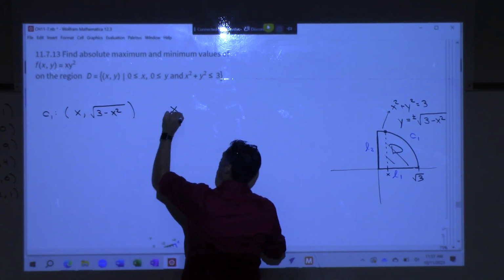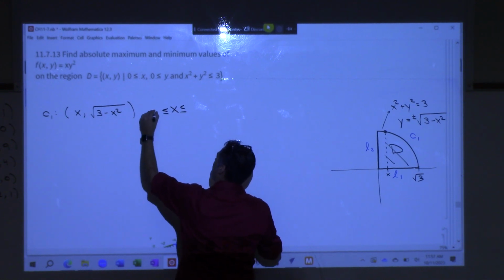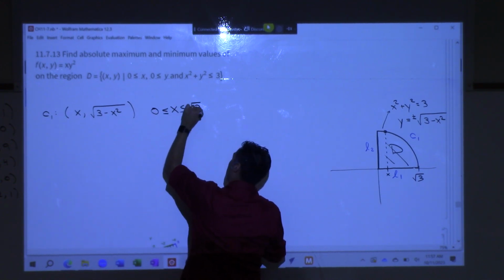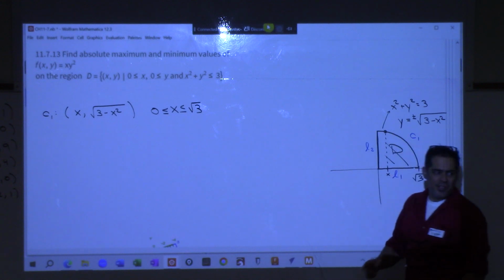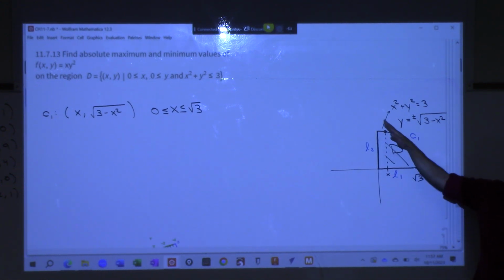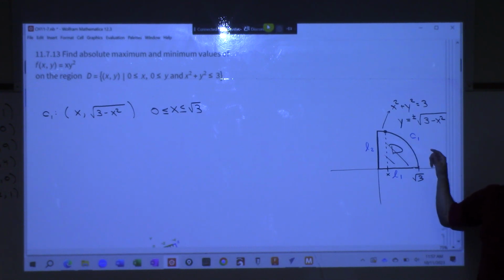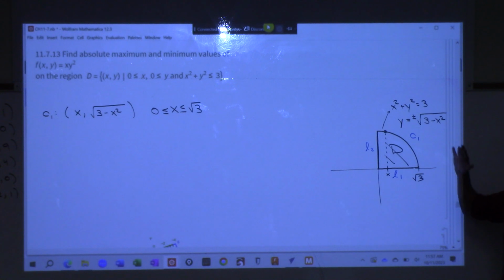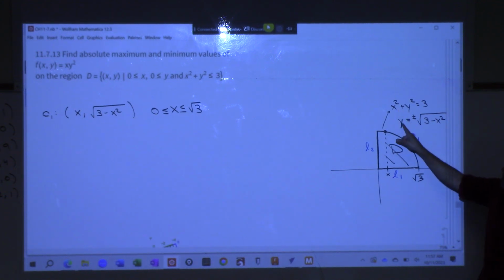And what's my restriction on x? 0 to root 3. Do y'all see what I'm doing? This is just like in the previous one. Remember when we had a line, we had to find the equation of the line, then we solved it for y, and then that became the y coordinate? Same exact thing, except our y coordinate now is not linear, it's a square root. Okay, took the equation of the circle, solved for y, plus or minus, only looking at the positive for the top half.